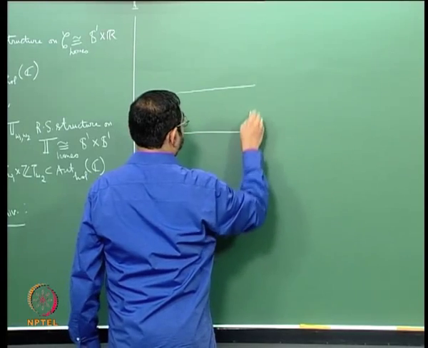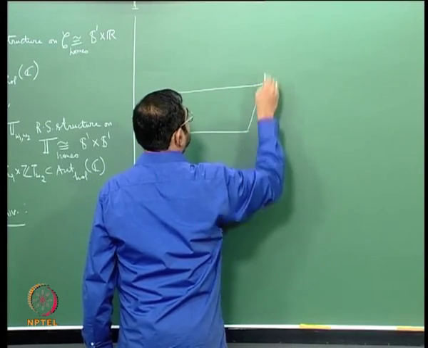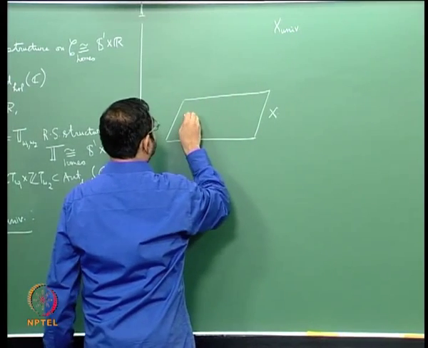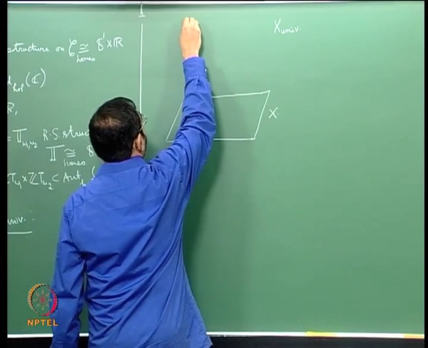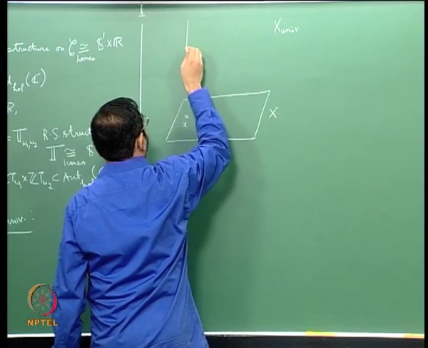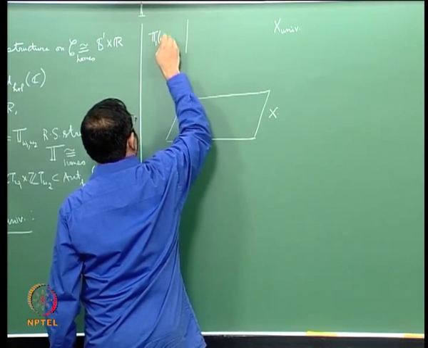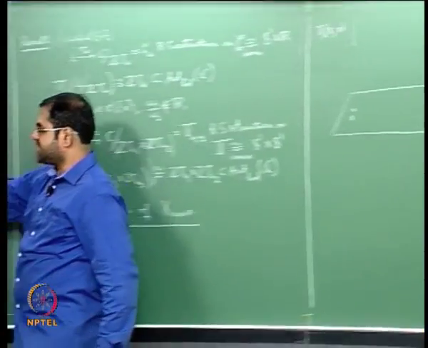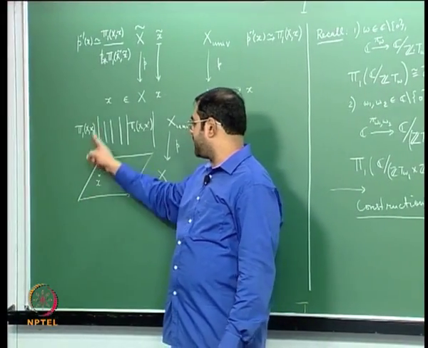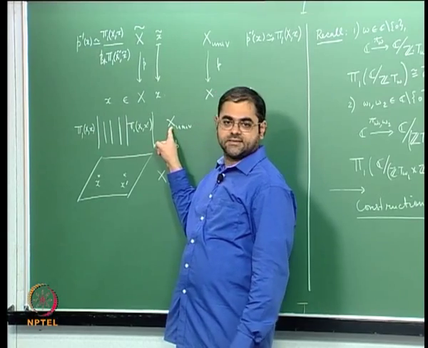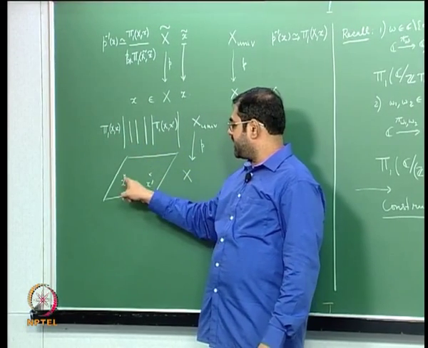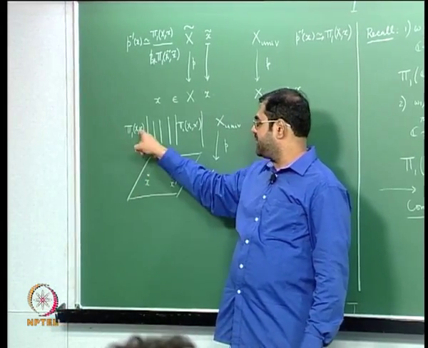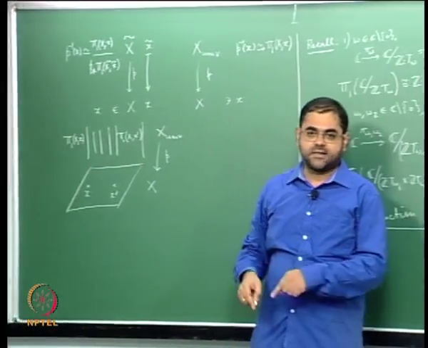It's very clear that if this is X, I want this X, the universal covering. If you give me the point small x, what I need on top is a copy of the fundamental group of X based at x. Basically we want, at least as a set, the universal cover to satisfy this diagram, namely over each point you have a copy of the fundamental group below based at that point below.